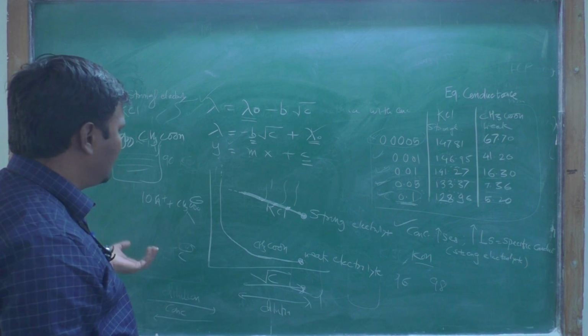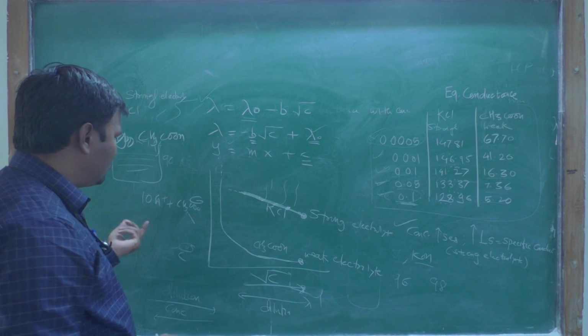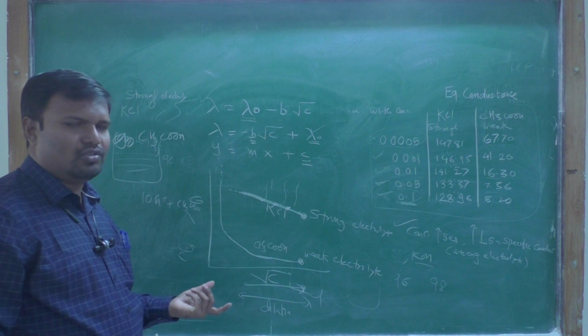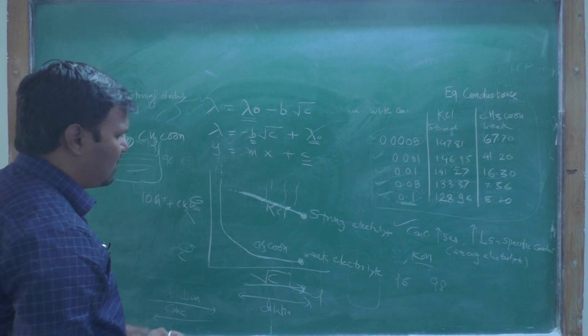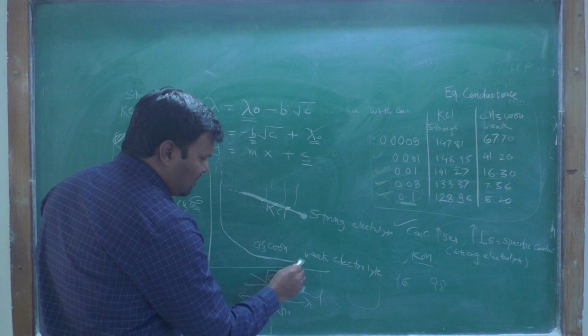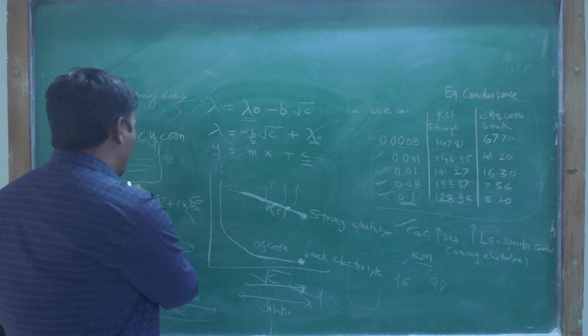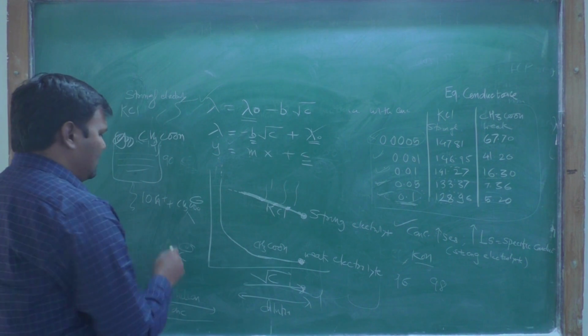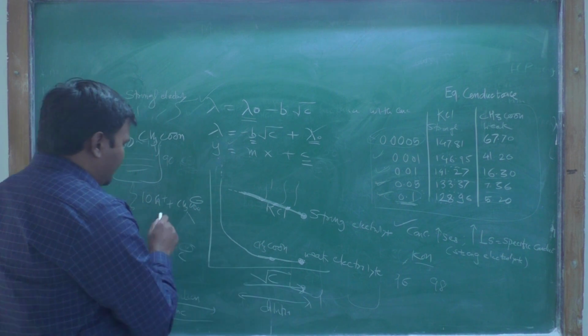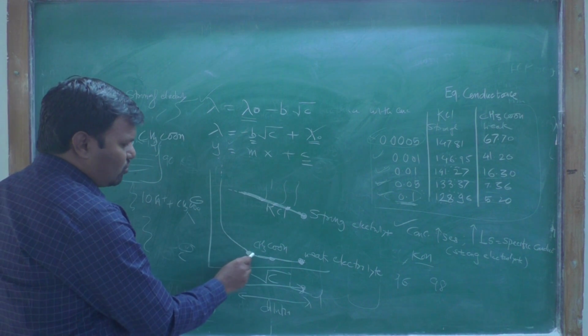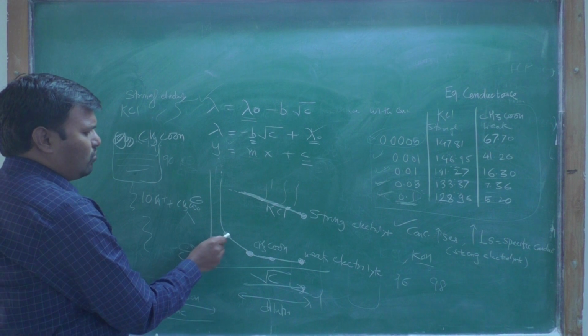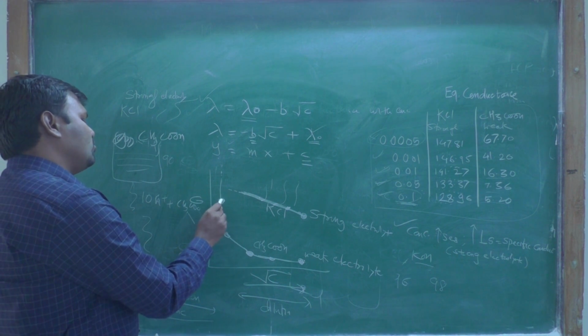So at the start the lambda value is very small, but when you add water, it dissociates more and more. Add more water, dilute further, and it dissociates more; at very high dilution, it dissociates even more.